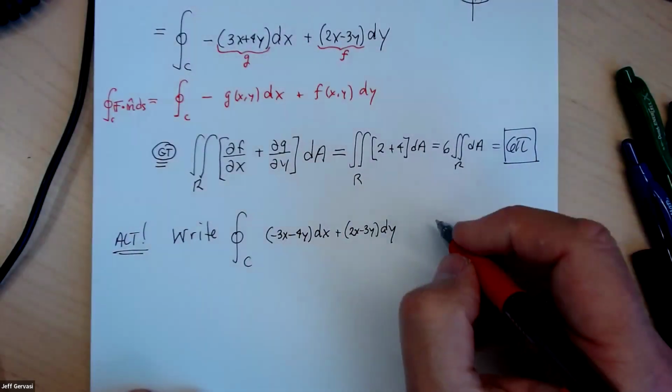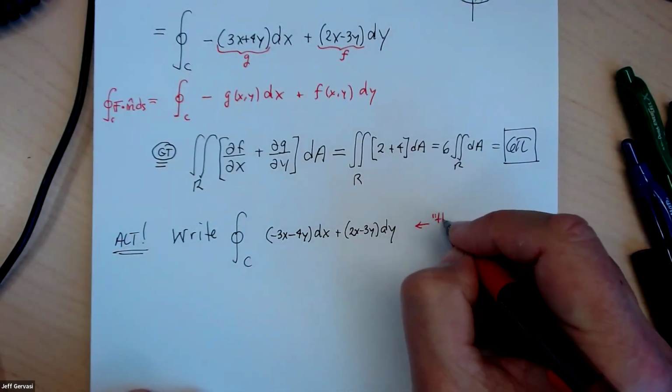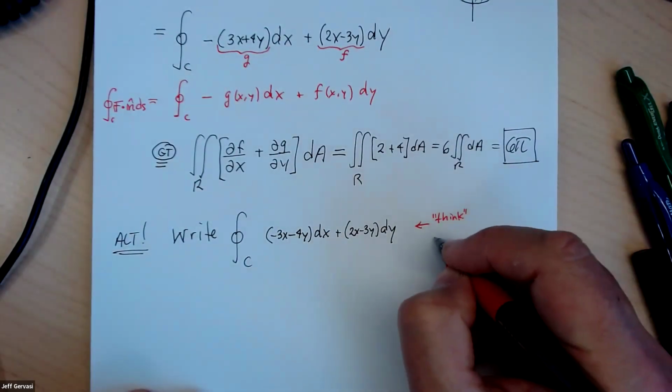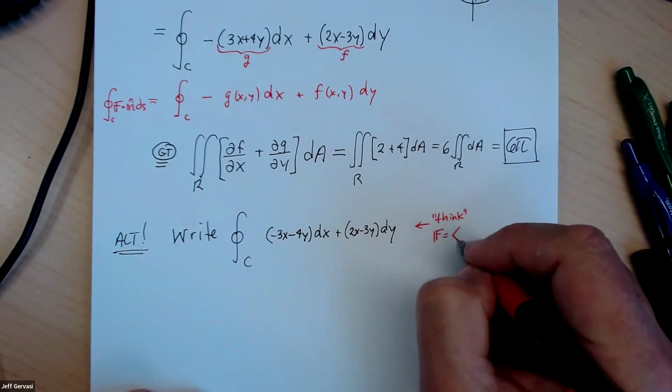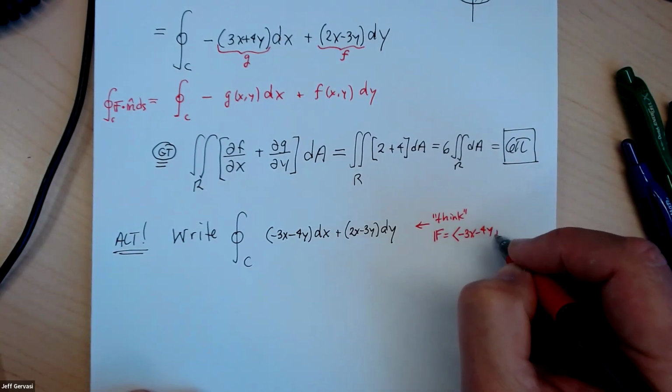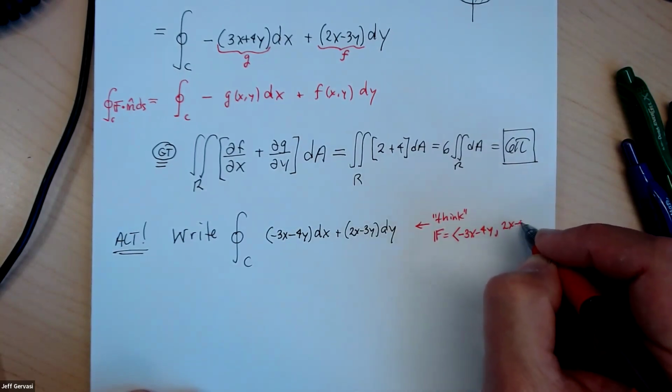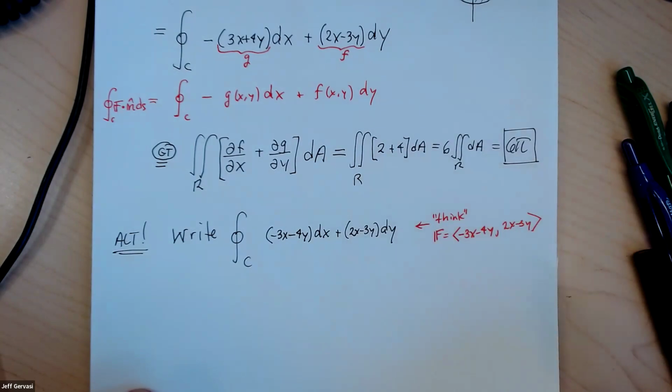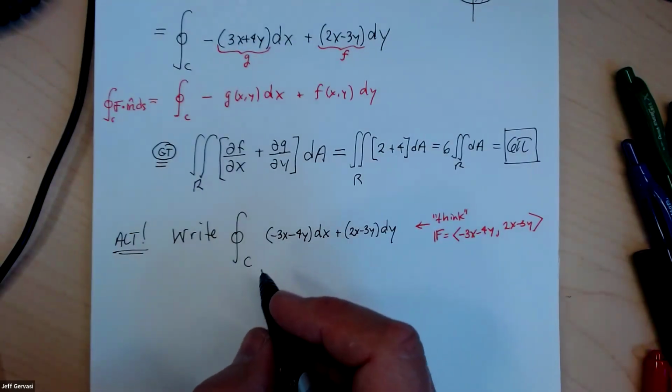Okay. And then at this point, think to yourself, the vector field is now this. Okay. Then apply the regular form of Green's theorem.